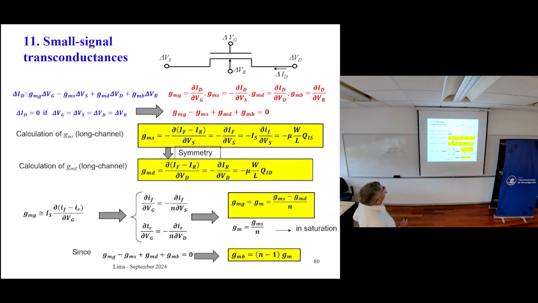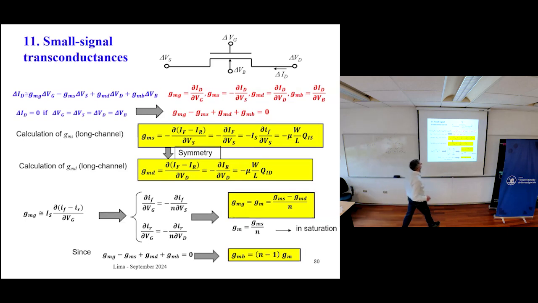Now let's calculate GMS of a long channel device. This is simple for us. What's ID? ID is a combination IF minus IR, right?